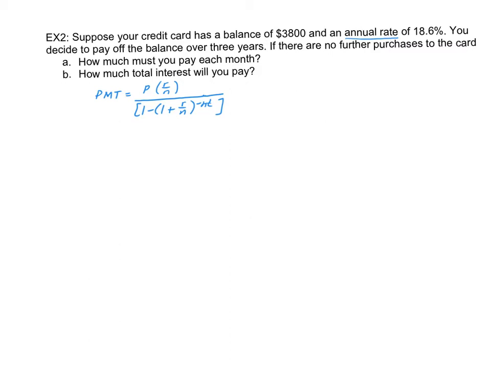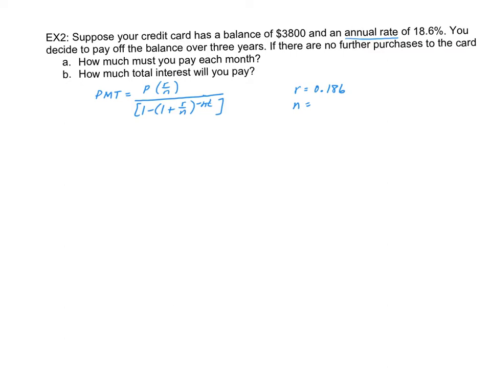And then we can just go ahead and use our yearly interest rate or annual interest rate of 18.6%. So in this case, my R is the 18.6%. So as a decimal, it's going to be 0.186. N, for this particular formula, remember N is the amount of times you compute per year.